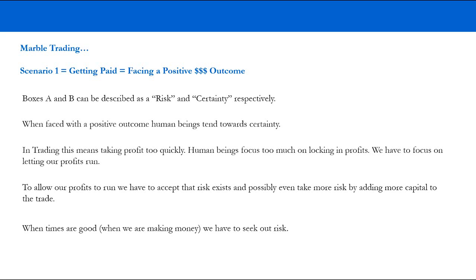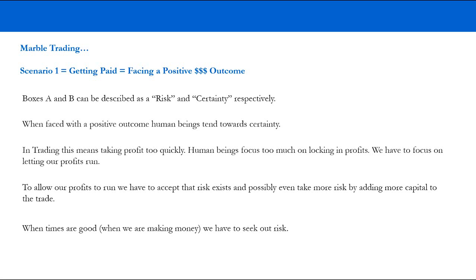So the risk-adjusted payoff of box A is actually £750. So it's higher than box B by £50. So box A, risk-adjusted, is 0.75 multiplied by 1,000 equaling £750.